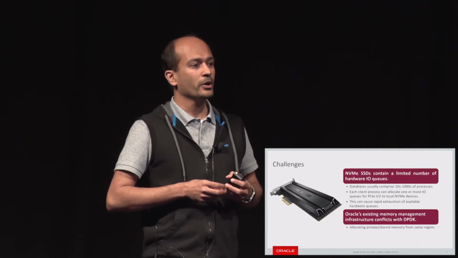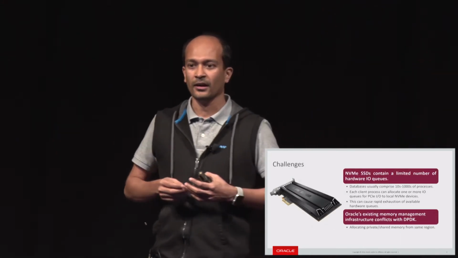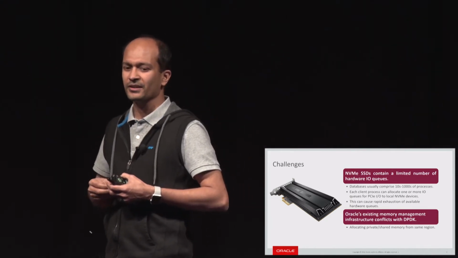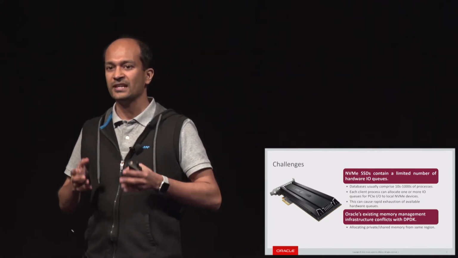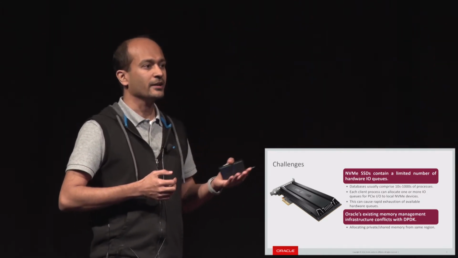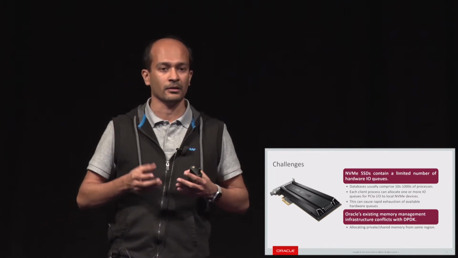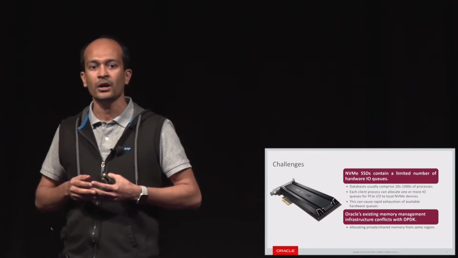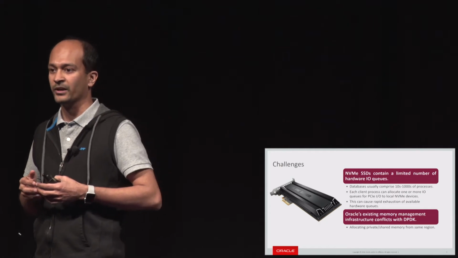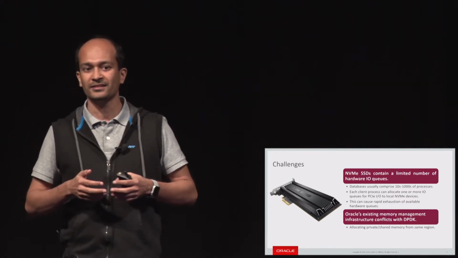Moving on, what were some of the challenges that we faced as part of this? As was covered in one of the talks earlier today, some of these NVMe SSDs have a limit on the number of hardware queues that are exposed, especially when you're accessing these directly as local devices as opposed to using NVMe over fabrics. The Oracle database usually has a lot of processes.